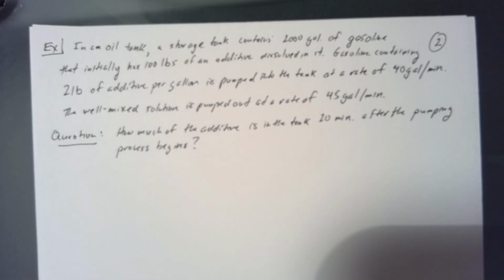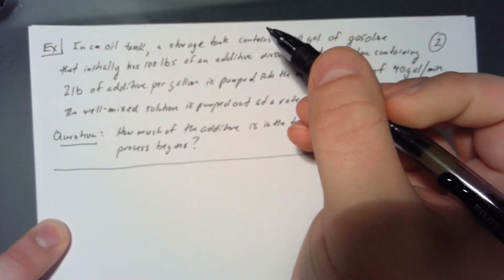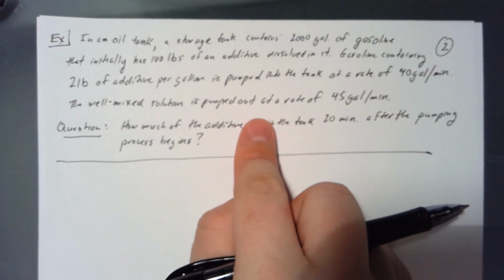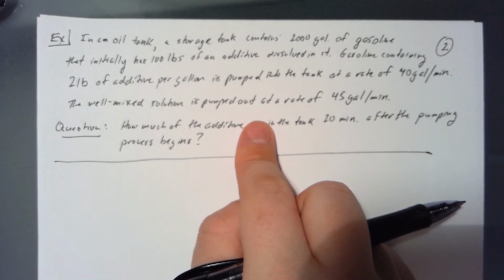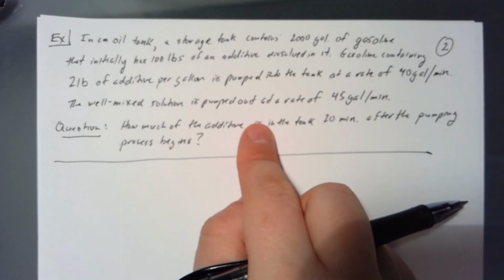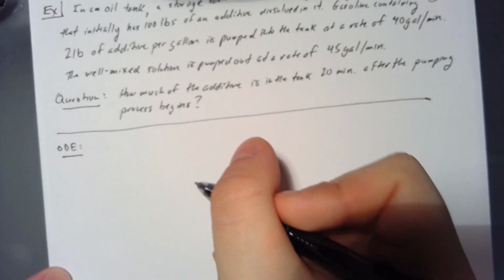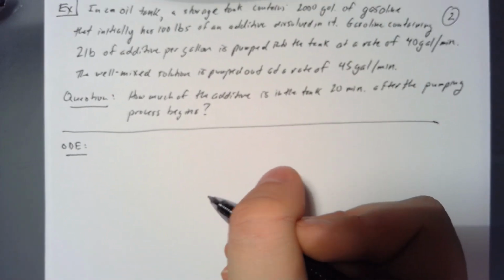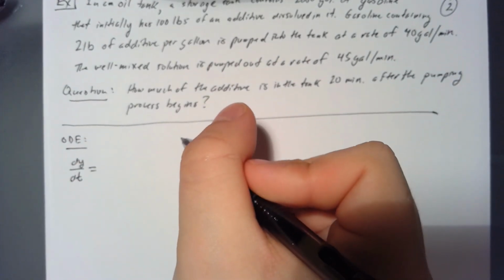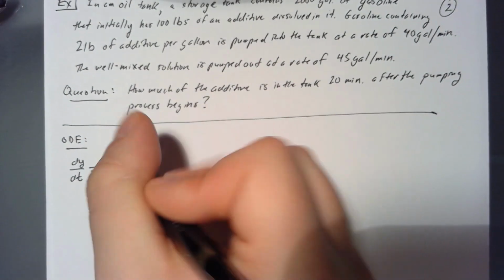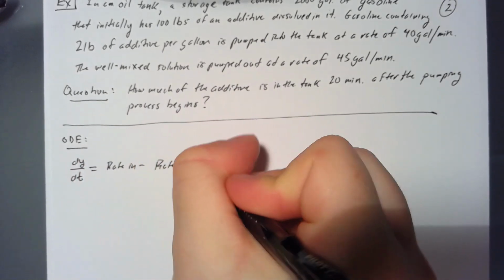So I want to make a differential equation. That's my goal here. I want to make an ODE. I start with the basic structure: dy/dt equals the rate in minus the rate out.